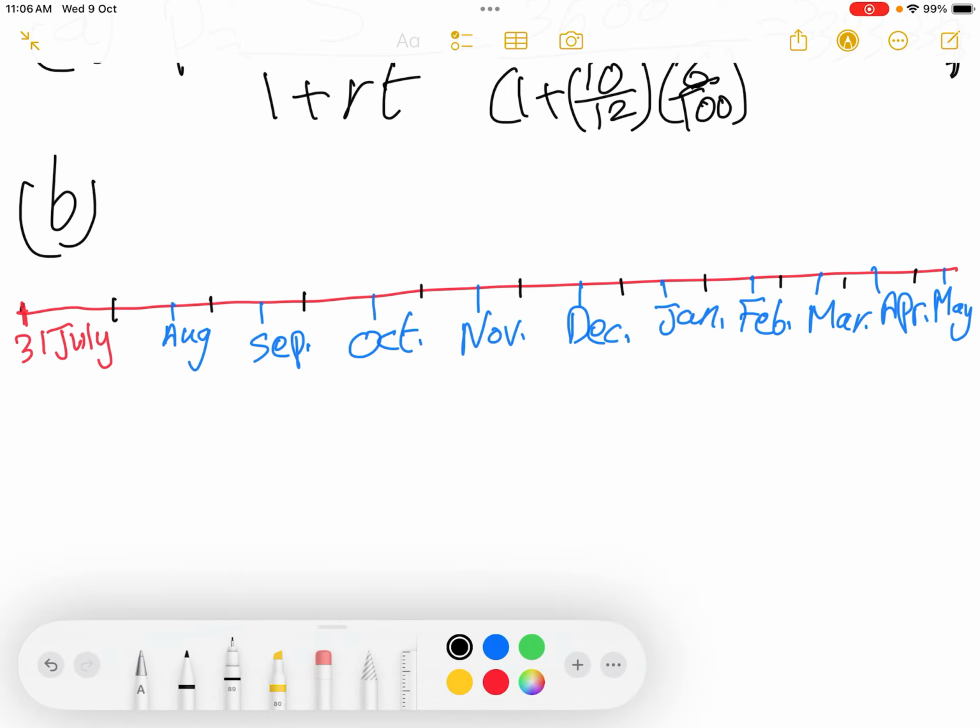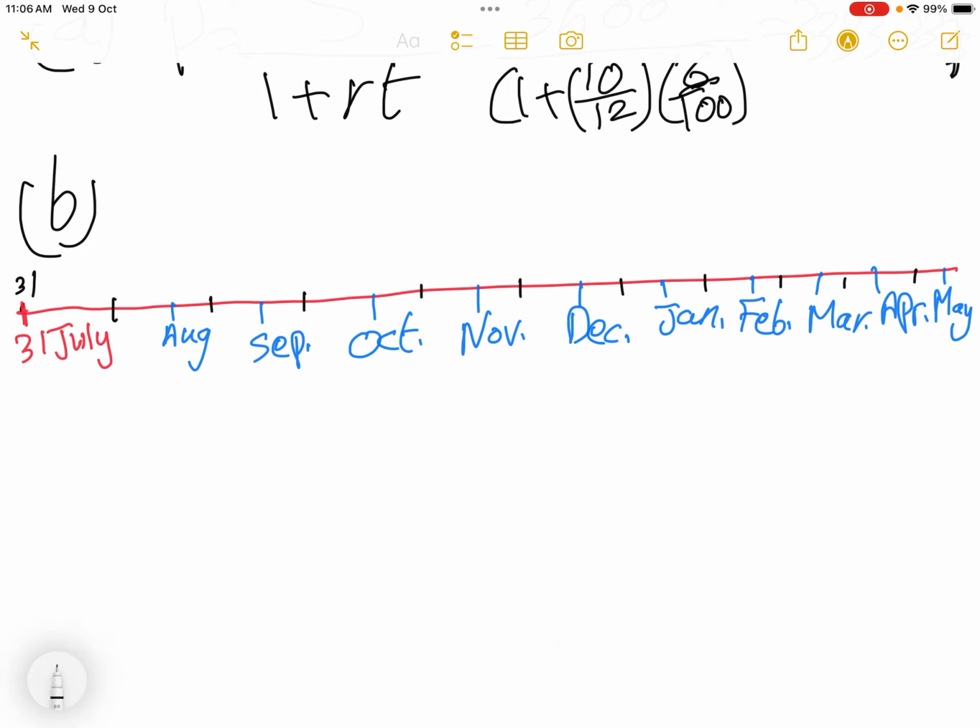Now number of days, this is 31, September 30, October 31, November 30, December 31, January 31, February 28. Since we divide by 4 and we find it is not an integer, 31 March, April 30, May 31.